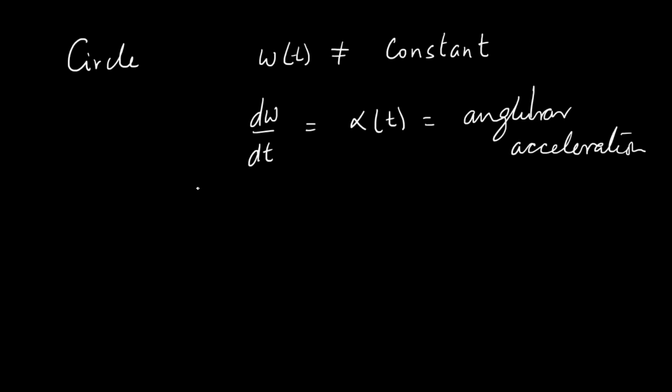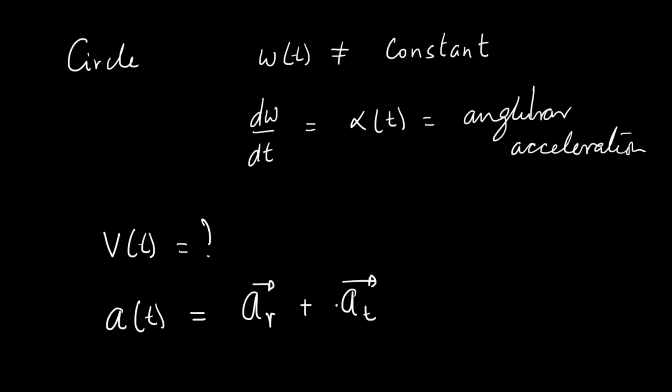And in terms of these quantities, how do I tell you what is instantaneous velocity and instantaneous acceleration? And this has got two components. One is the radial component, and the other is the tangential component. And these two are, it's obvious, but I better mention it, these two are perpendicular to each other. A tangential is perpendicular to a radial, and you can handle these vectors.